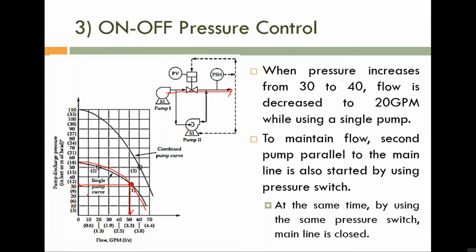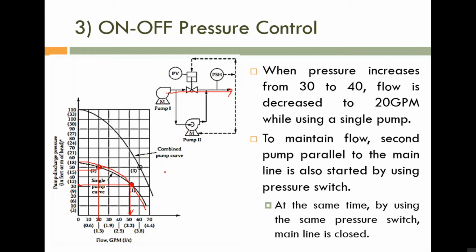So now what is happening? I told you the reason for the change in operating point, though it is not explained here. Maybe due to the change in system curve, maybe due to the change in back pressure, whatever it is, the operating point is shifted from point 1 to point 2, where the pressure is 50 psi and the corresponding flow rate is 20 gallons per minute. But here the system requires a constant flow rate.